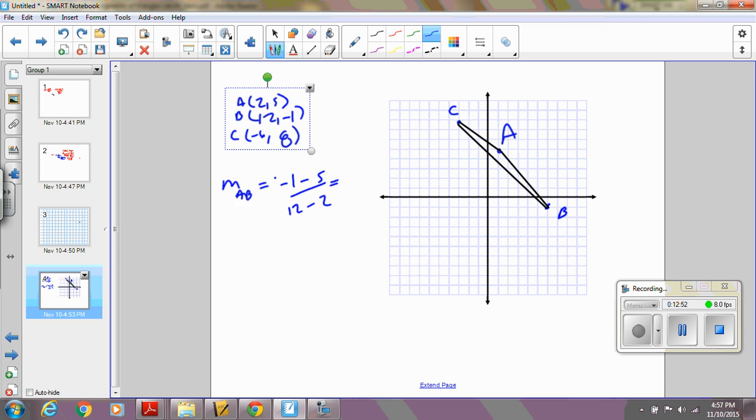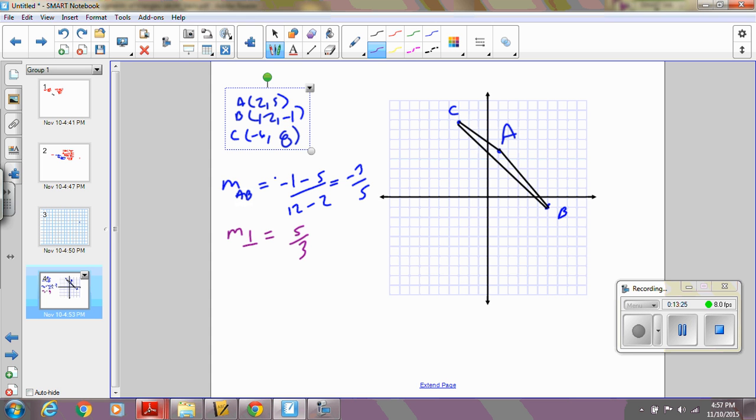So that slope would end up being negative 6 over 10, which reduces to negative 3 over 5. So that's the slope of AB. Now the slope of the line perpendicular to that would have to be change the sign, so positive, and flip, so positive 5/3. So that would be the slope of the perpendicular bisector.